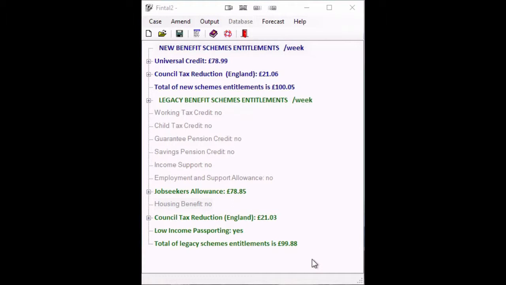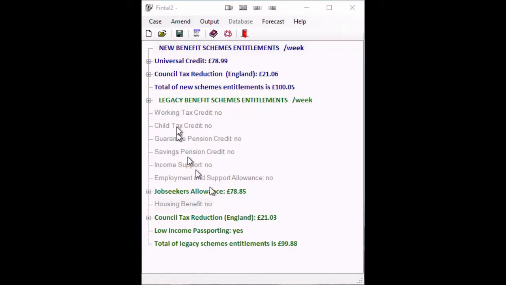For new claims, unlike the previous system where the age of the oldest person determined whether you were qualified for pension age benefits or working age benefits, now it's the age of the younger person. If, though, you were getting a pension age benefit before the 15th of May 2019, even with a younger partner, you will carry on getting it.